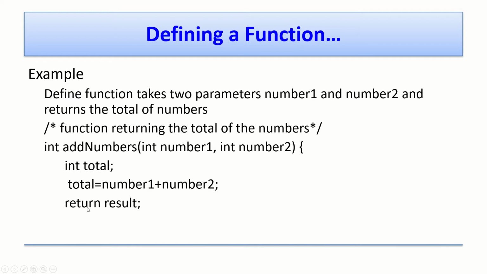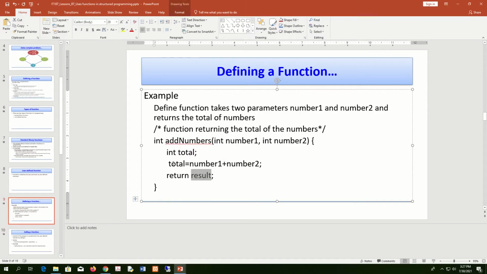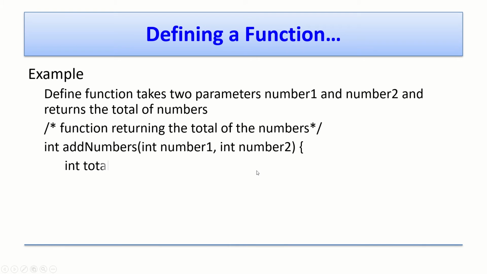This should be total. Then we can return the result. The return result is total, and total is an integer, so that's why I put the return type as integer. So this is a user-defined function.